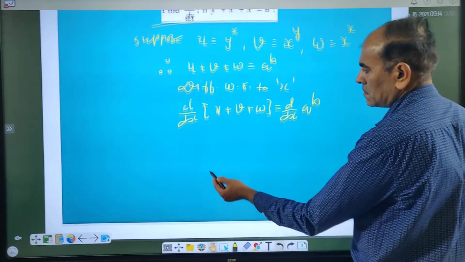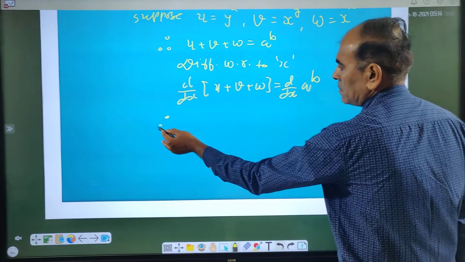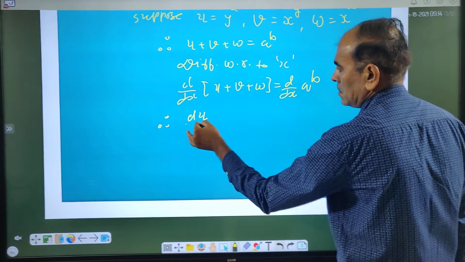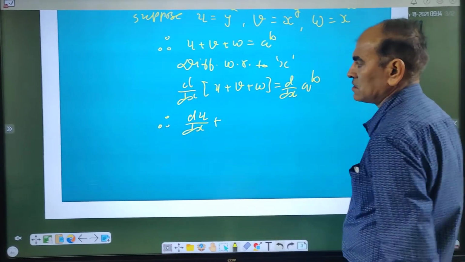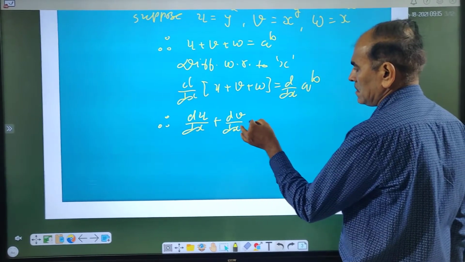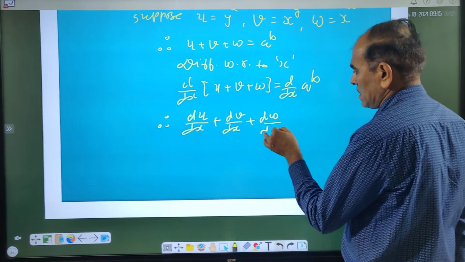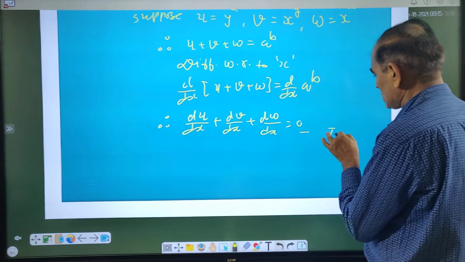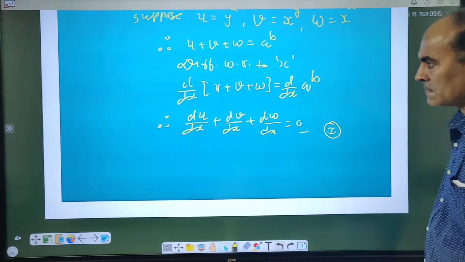Therefore what we get? du by dx, with the addition rule for differentiation, plus dv by dx plus dw by dx is equal to 0. Equation number 1.